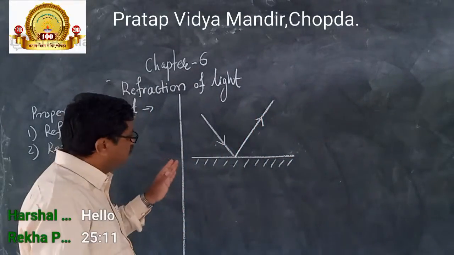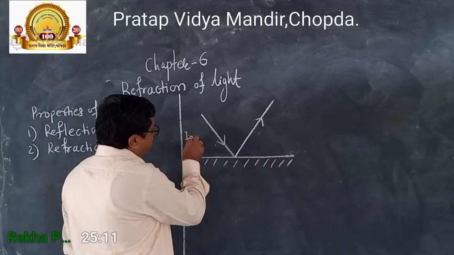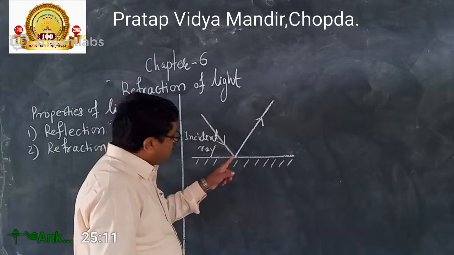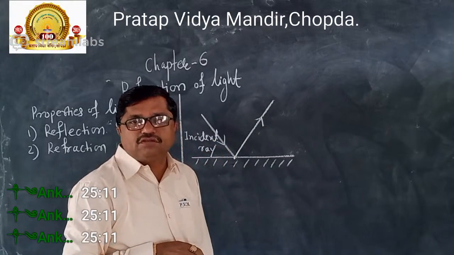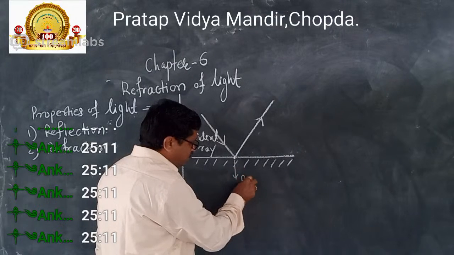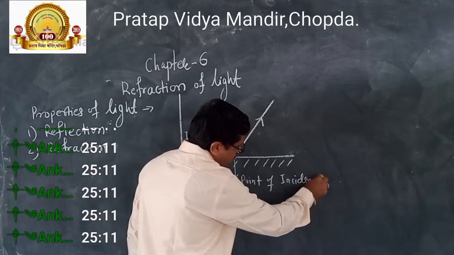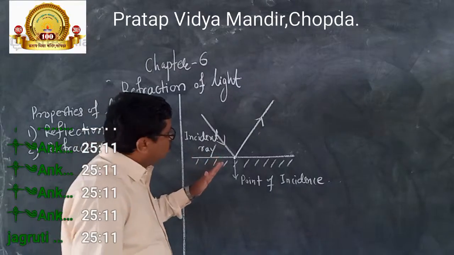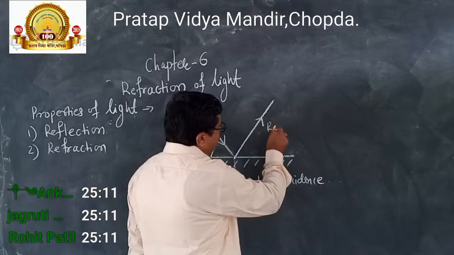Now we can see this in the figure. In this figure, this ray is called the incident ray, and the point at which that light ray is incident is called the point of incidence. After reflection, that light ray goes in another direction, and that ray is called the reflected ray.